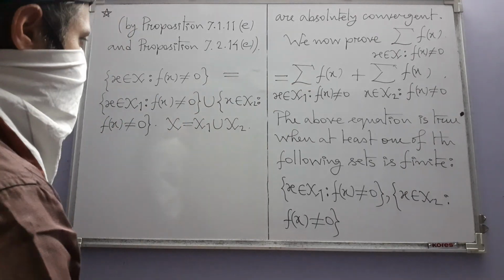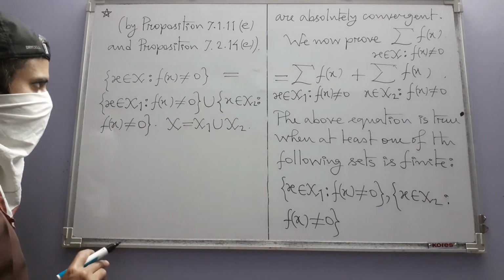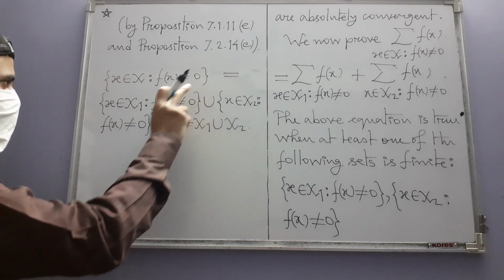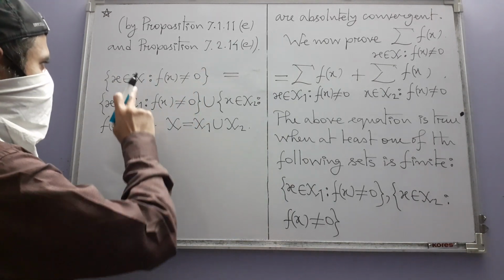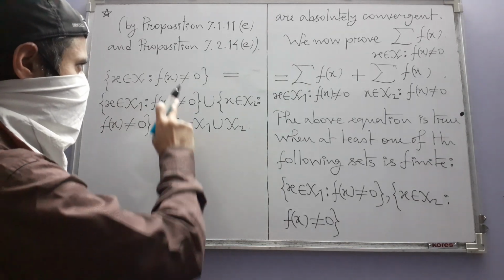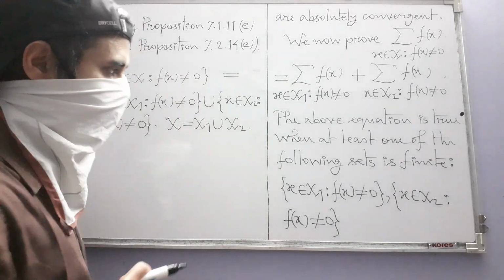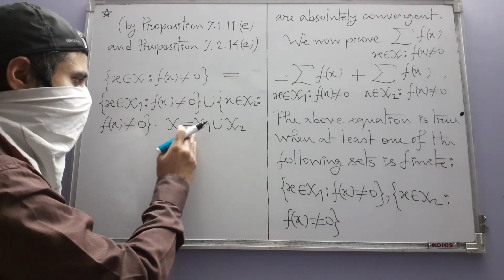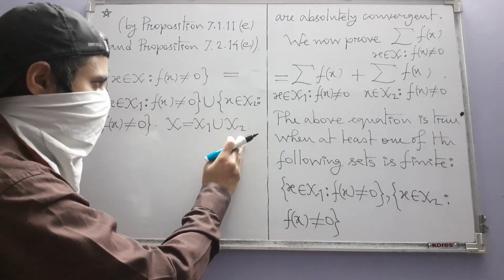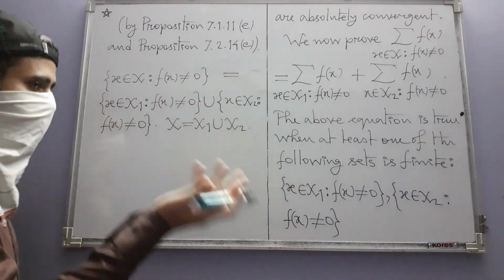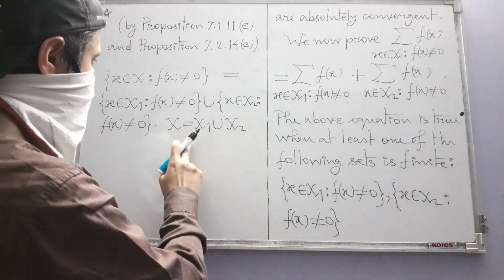Or if you still want to see it more clearly, just take one element here. Then that element, of course, is in X, for which the F value is non-zero. But being in X, that element is either in X1 or in X2. And of course, the F value at that element is non-zero.